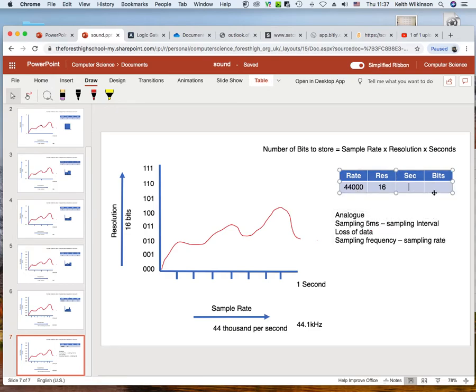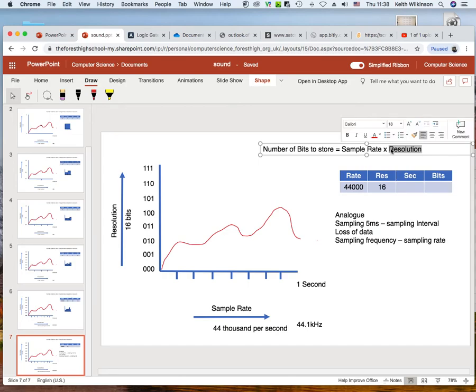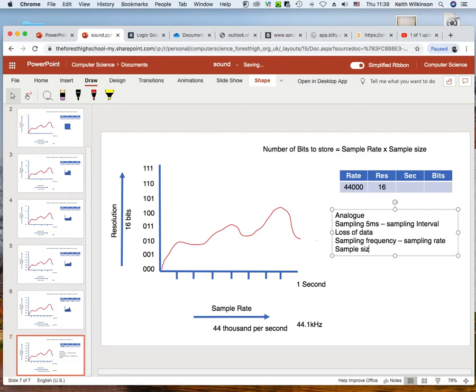I've removed the seconds and I've removed the bits, because if I take this formula here and I take the seconds off that, so I'm just multiplying the sample rate by the resolution, and sometimes they call the resolution sample size. So I'll write that down here. Sample size is the same as resolution. I'm just trying to work out the different words that they could use on the exam paper, which could throw you.